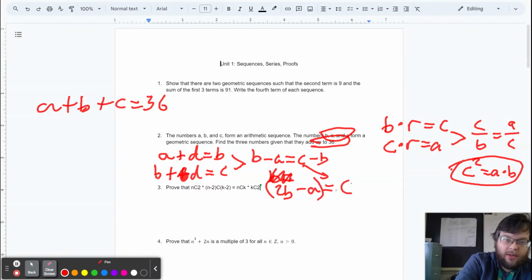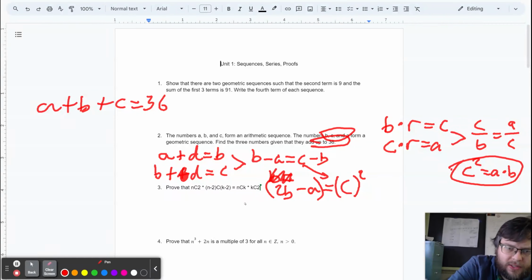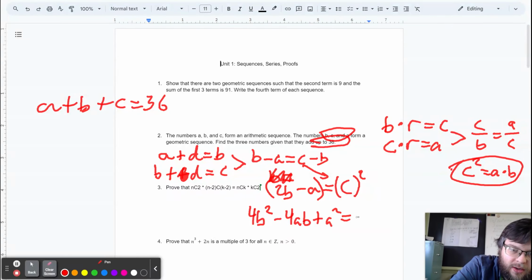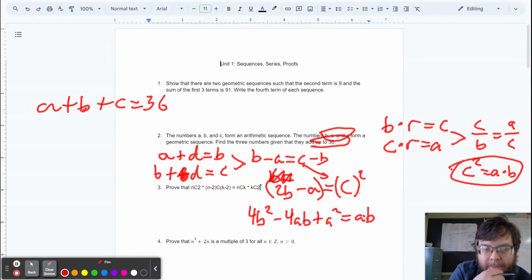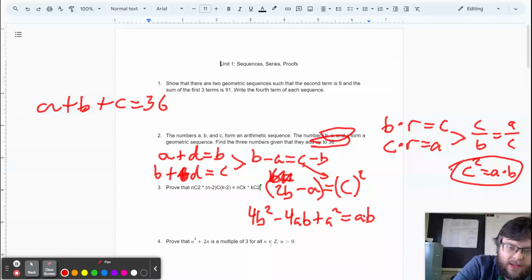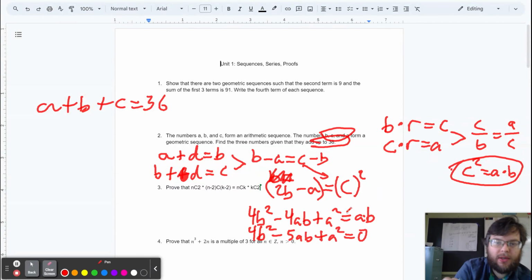So I'm going to square both sides. If I square the left side, I get 4b squared minus 4ab plus a squared, and that has to equal a times b. I can then subtract ab: 4b squared minus 5ab plus a squared is equal to 0.